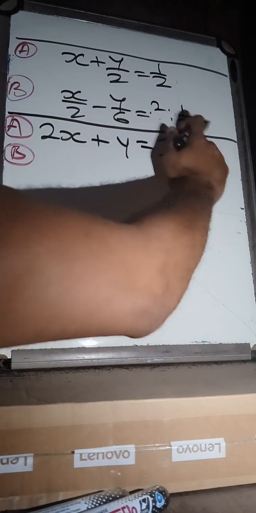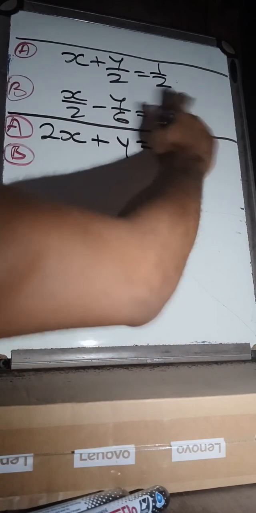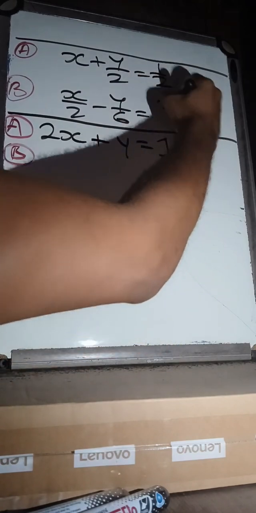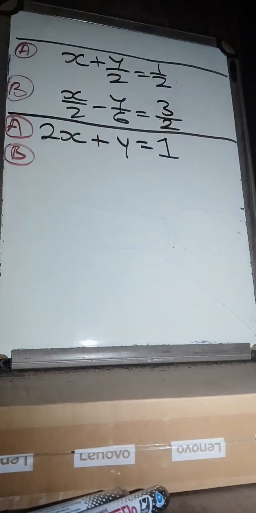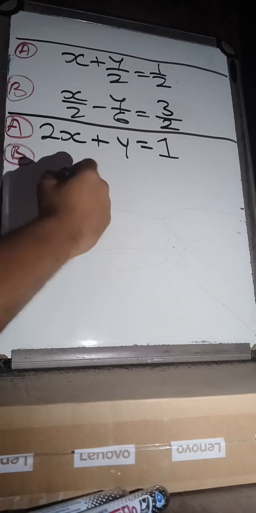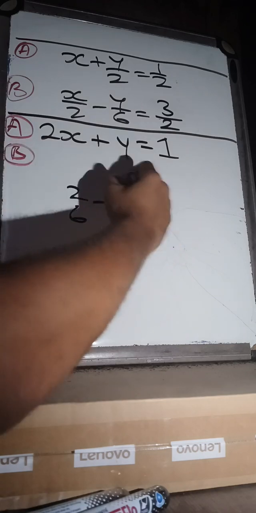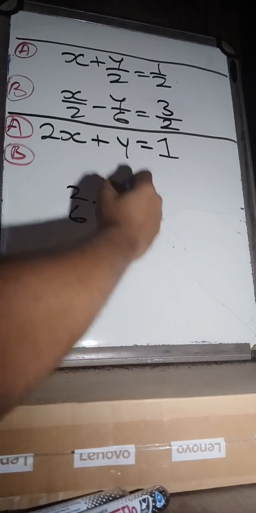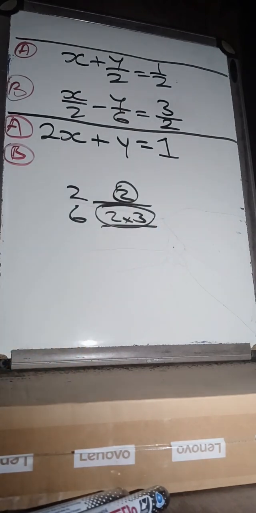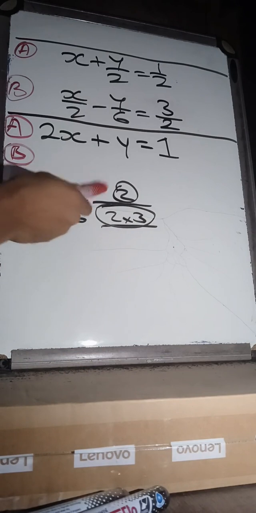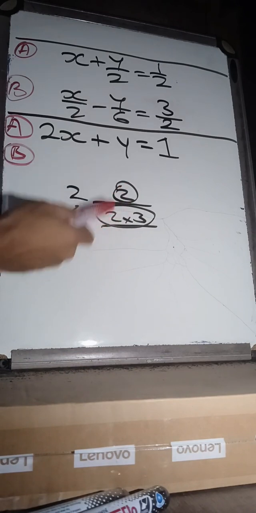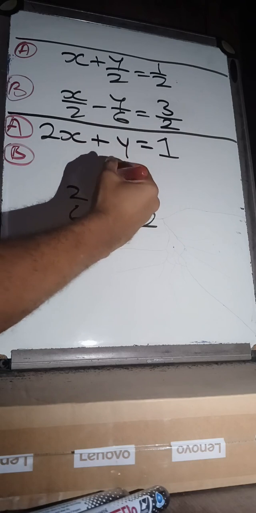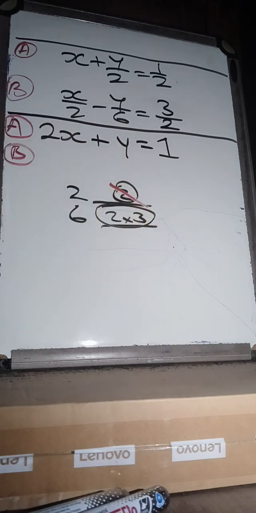So 1 and 1 over 2 is going to be 3 over 2. Now the LCM of 2 and 6, we can be literal about it. The LCM of 2 and 6 is going to be 6.